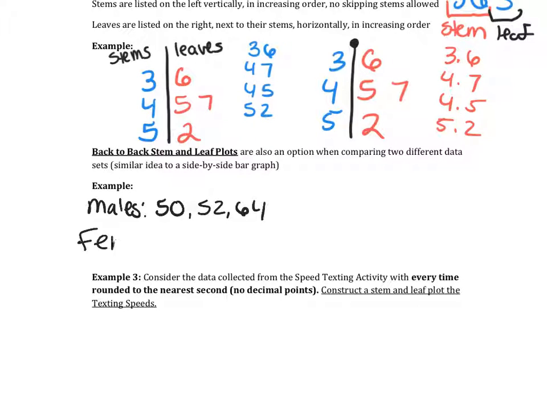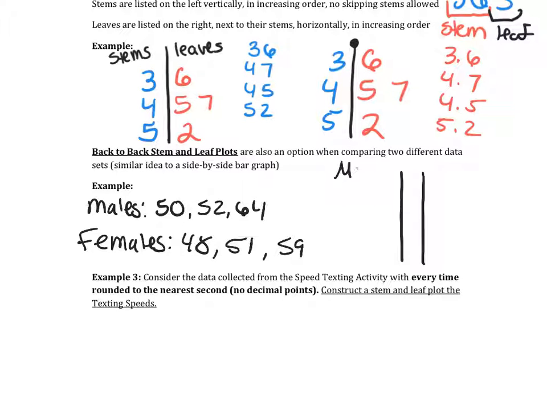And we have some female data, 48, 51, and 59. So if you wanted a way to compare these two different sets of data, you would have a stem in the middle, and then you'd have leaves on both sides, one for each of your groups here. So in this case, you can put males on the left, females on the right.